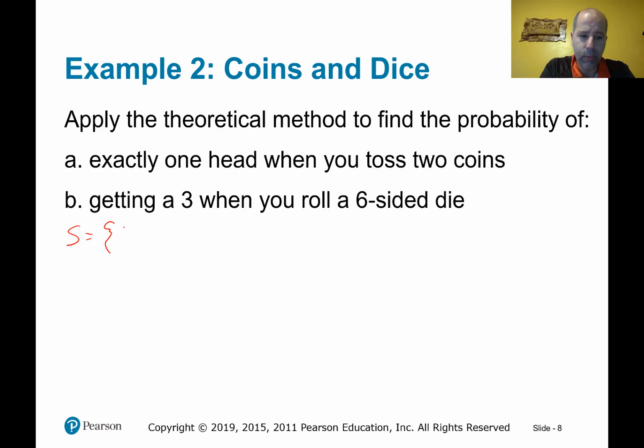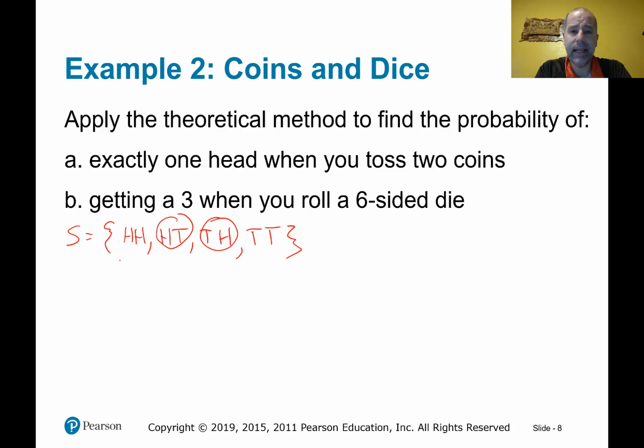What can we get? Heads, heads; heads, tails; tails, heads; tails, tails. There are our 4 possible outcomes. Now, how many of those outcomes give us exactly one head? That will be this one and this one.